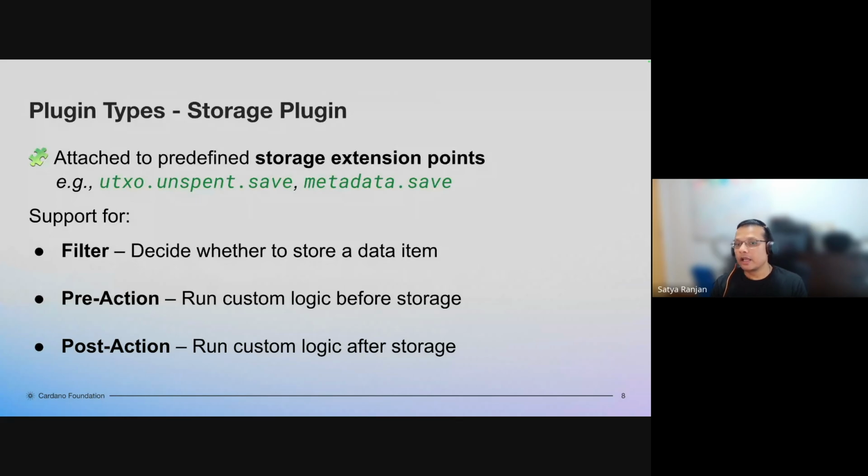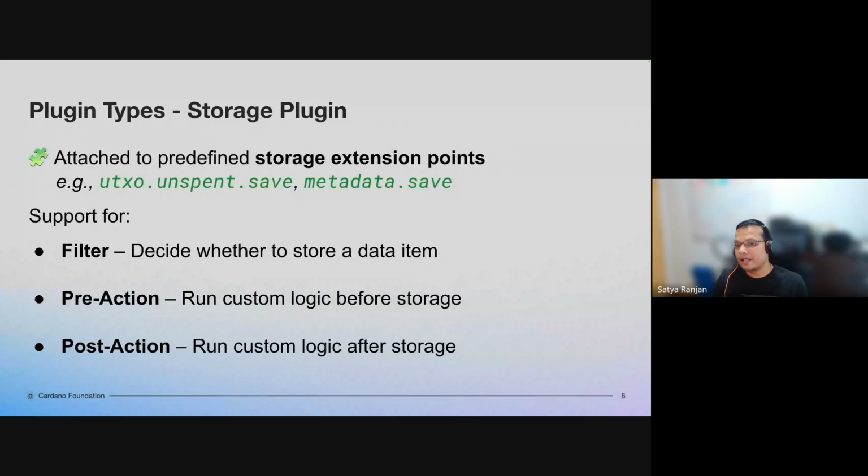I'll go through it. So what does a filter plugin do? It decides whether to store some data or not. So whenever a save method in a storage implementation is called, the filter plugin will be triggered with some domain object. Let's say you want to target UTXO unspent save, and you attach the filter plugin to the UTXO unspent save storage extension.